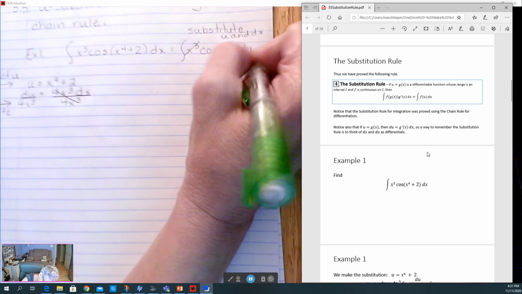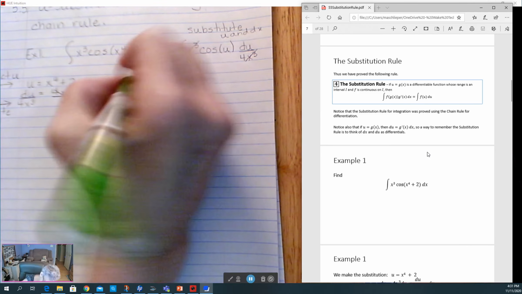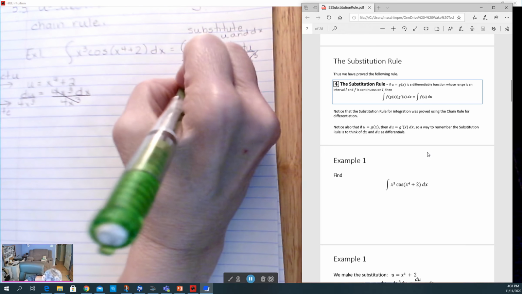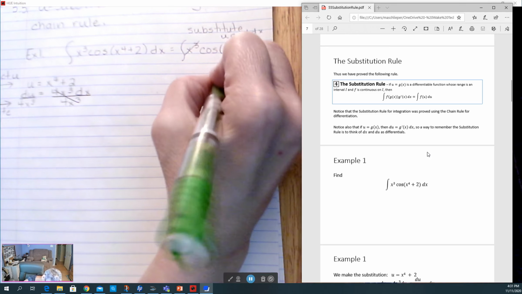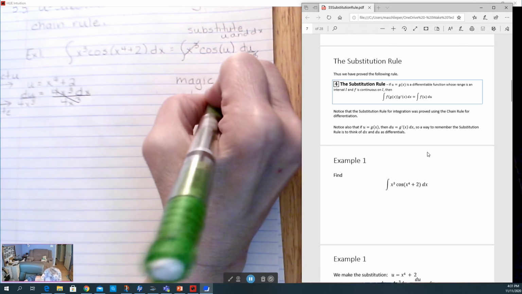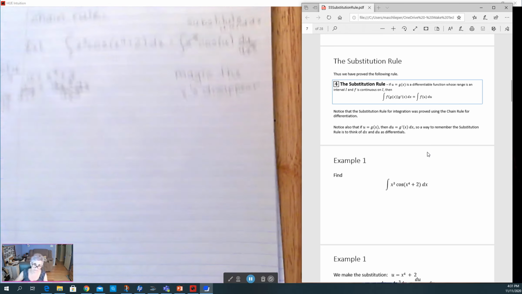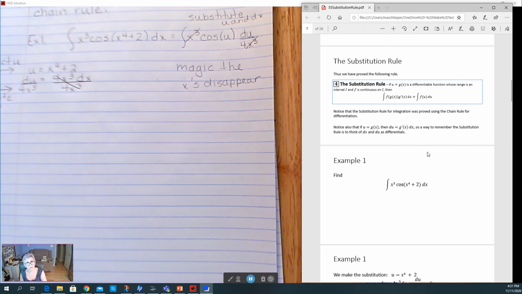Now, magic happens because the x's poof, disappear. So if the magic doesn't happen, then we go back and try a different u.